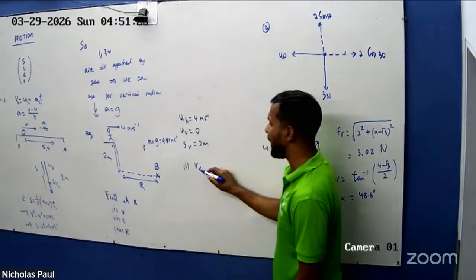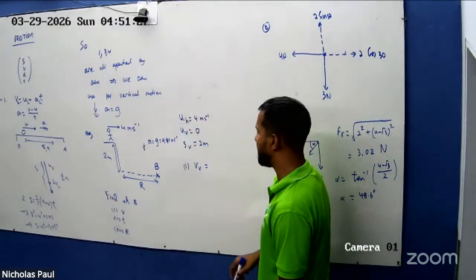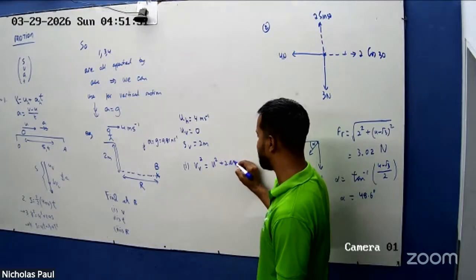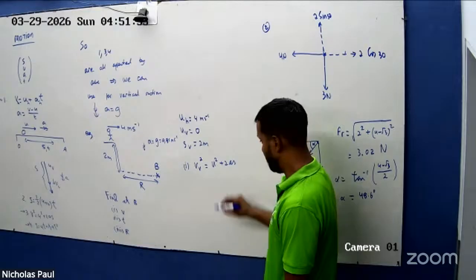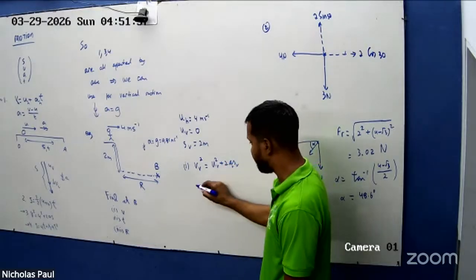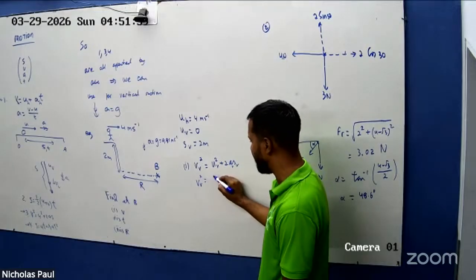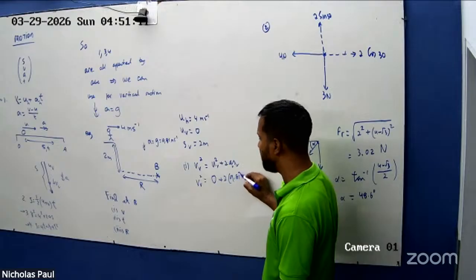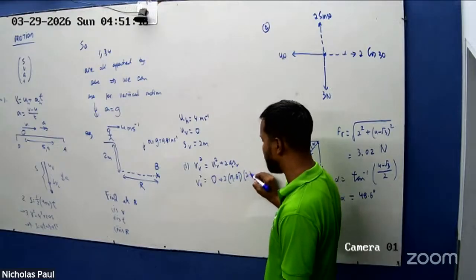So for his vertical velocity, we're using V squared is equal to U squared plus 2AS. This is vertical, vertical, vertical. So his initial vertical velocity is 0, acceleration is 9.81, and his displacement is 2.